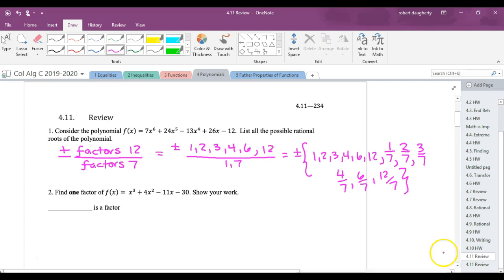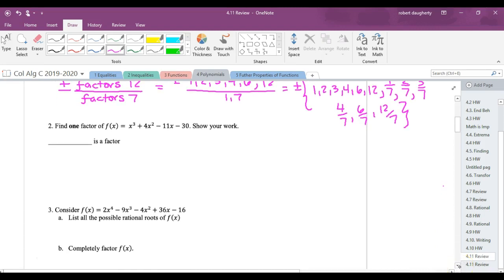Find one factor of x to the third plus 4x squared minus 11x minus 30. Okay, so I'm going to look and see, if I add the numbers up, they do not add to 0. They are not all positive, so neither of my shortcuts work. So it's going to be plus or minus the factors of 30 divided by the factors of 1.